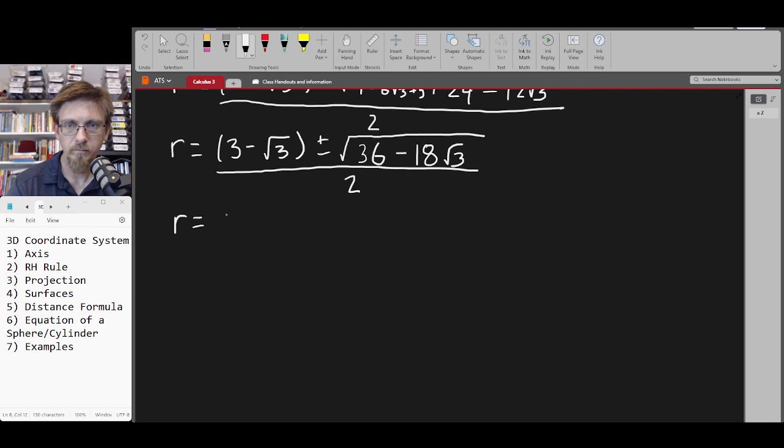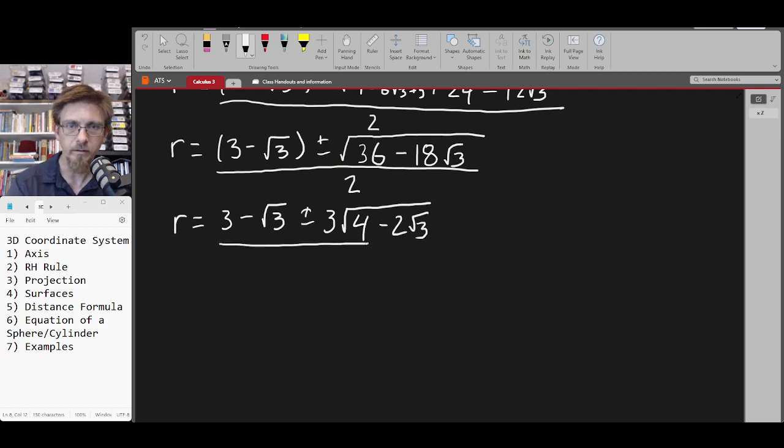But really, it could be done at any point here. 9 is in common with both of those, so if I take the 9 out of those and then take the square root of that, I get 3 times the square root of 4 minus 2 rad 3, all over 2. So there's your radius, and it also happens to be the value of the center.